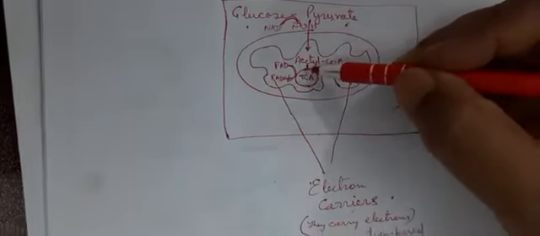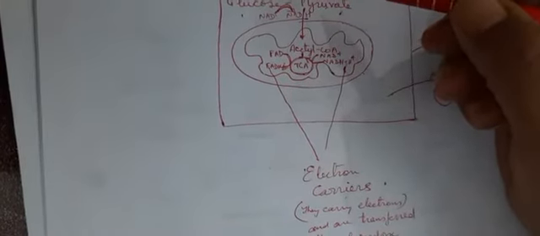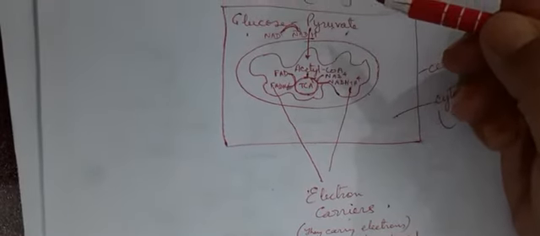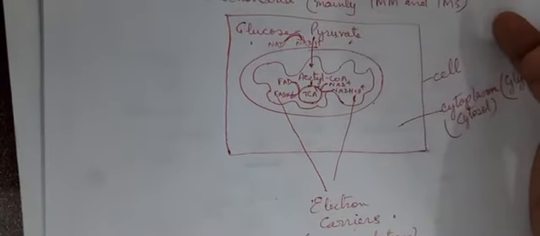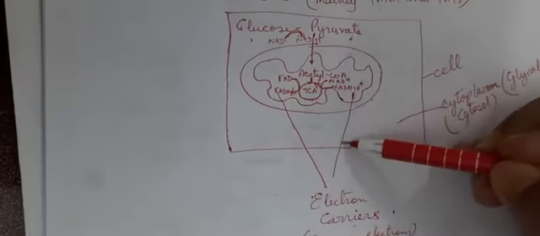These hydrogen donors donate electrons in the electron transport chain for the generation of energy currency, that is the ATP.